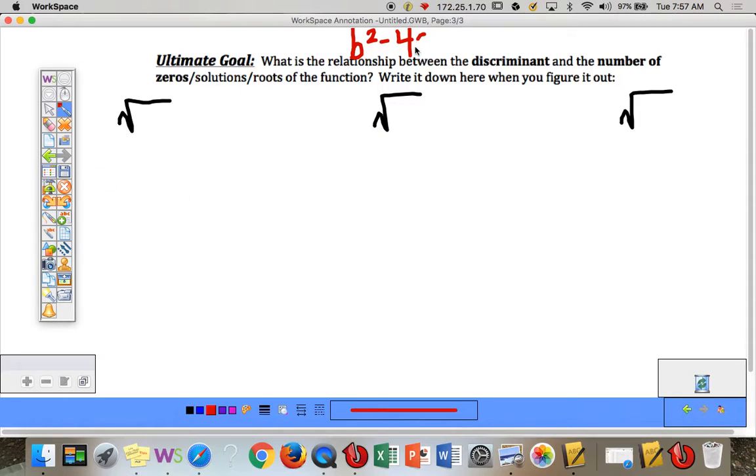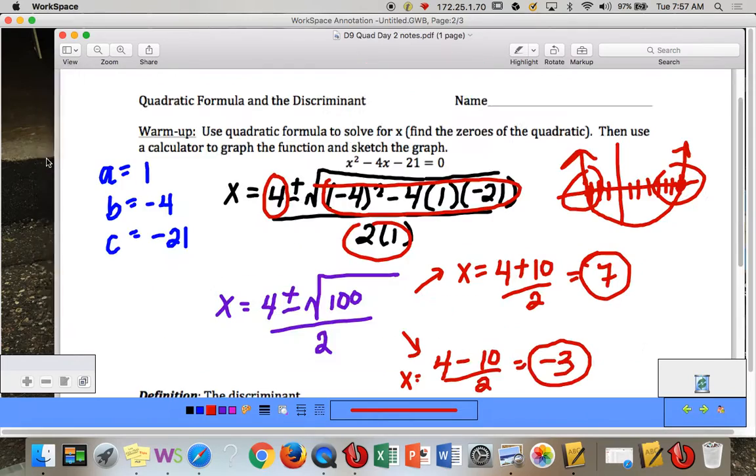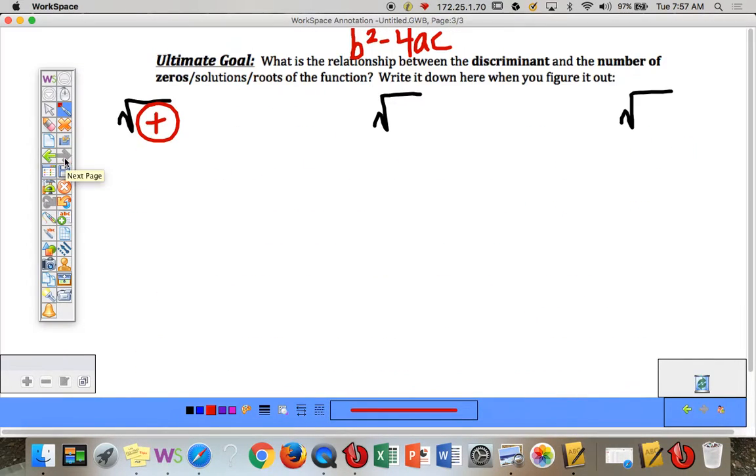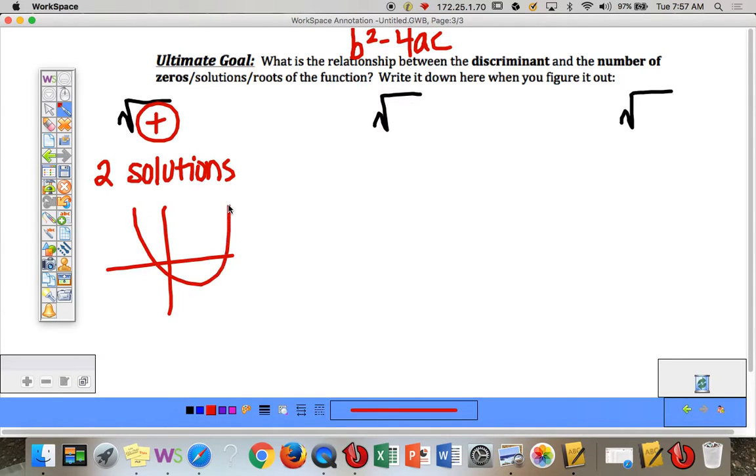If that discriminant is positive, so positive discriminant, like the warm-up, where we had a discriminant of 100, there are 2 answers. So here's what it will mean. You have 2 solutions. Solutions also mean zeros or roots. And your graph could look something like this, where you have a parabola that crosses your x-axis twice.